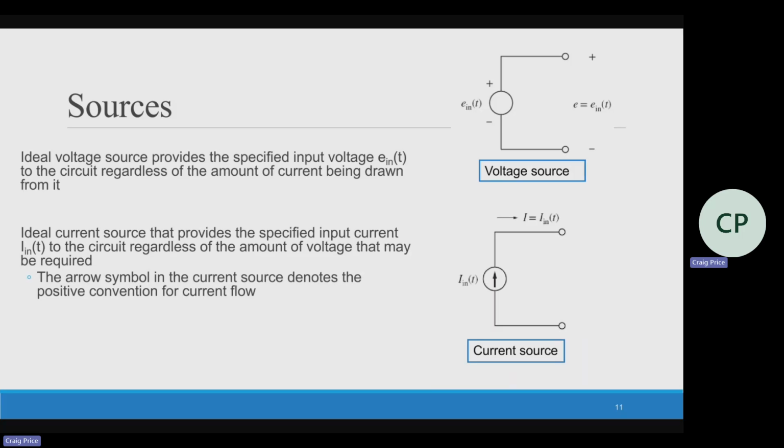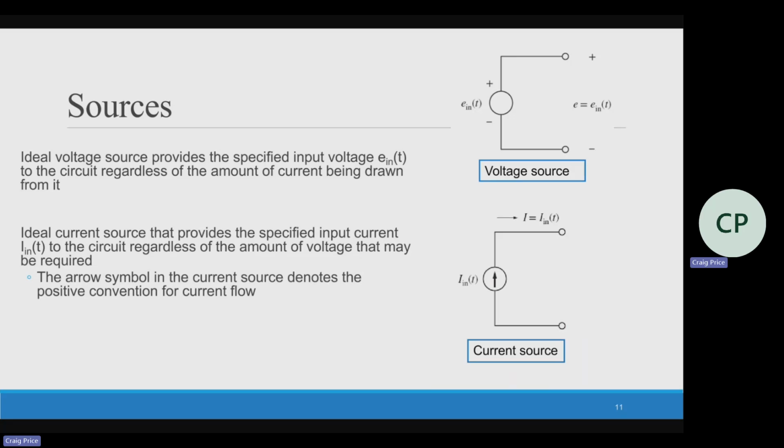When we're doing our problems, if I'm given a current source, I don't know what the voltage is. So I can't also set up equations where I have E in. I don't know what that voltage is. Same thing for voltage. If I have a voltage source, I don't know what the input current is. I just know what the input voltage is.